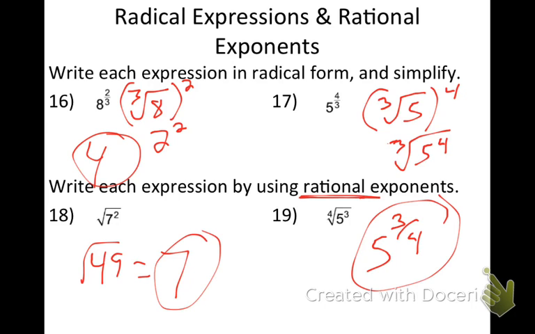That's a rational exponent. Just taking the radical and putting it as a fraction, basically, as an exponent. Like the square root of 7 to the 3rd power, well, that's like saying 7 to the 3/2 power. It's just dividing by that root as an exponent, basically. That's all that is.